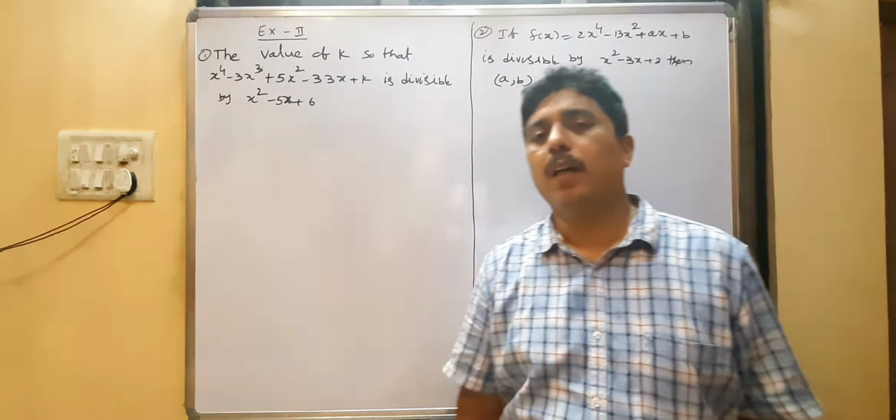For r of a, x equal to a, you have to substitute: r of a equal to P of a plus q. But r of a is given as minus a, so P of a plus q equal to minus a. This is equation 2. Solve 1 and 2.